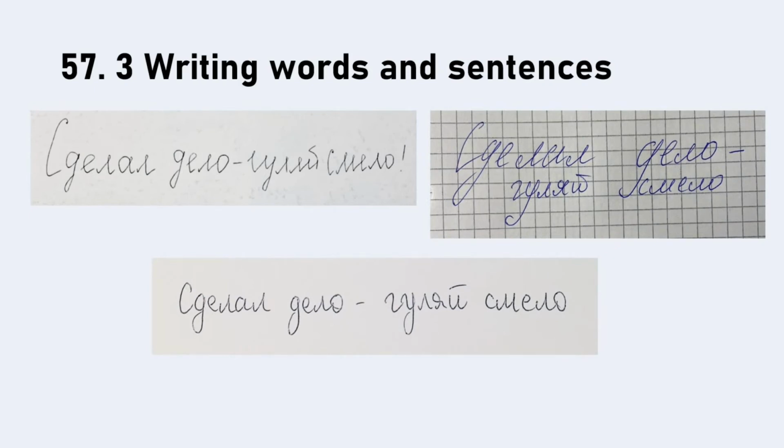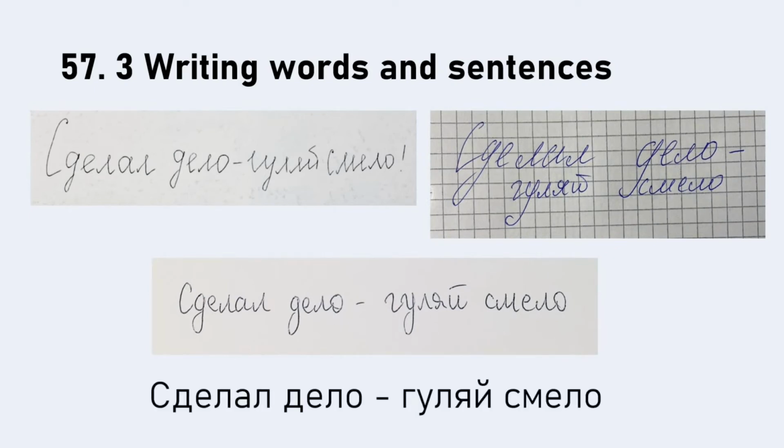So it should read, Сделал дело, гуляй смело. Literally, this means you've done your job or you've done your tasks. You go for a walk, you go outside with courage.